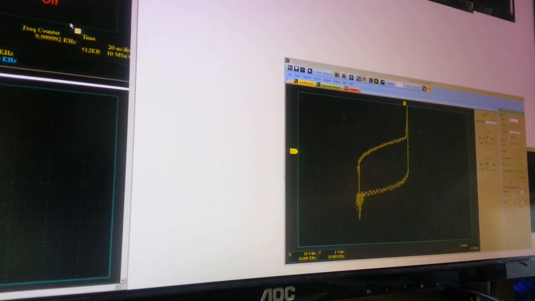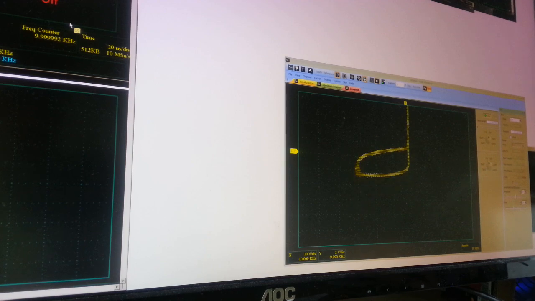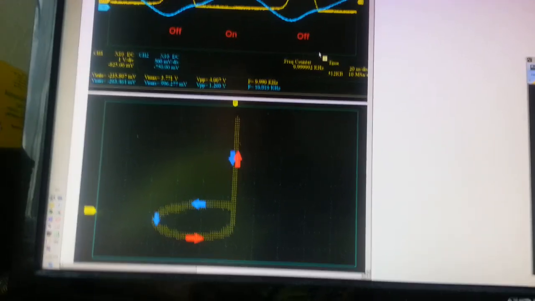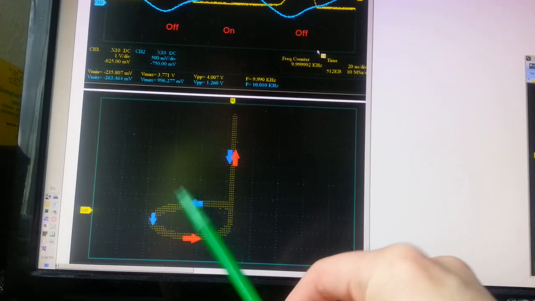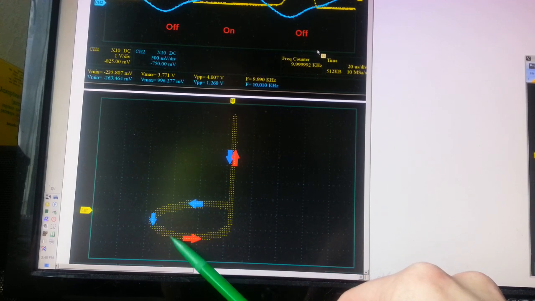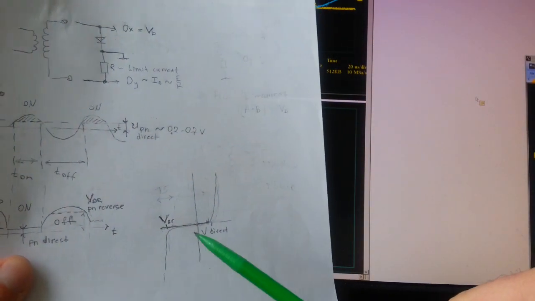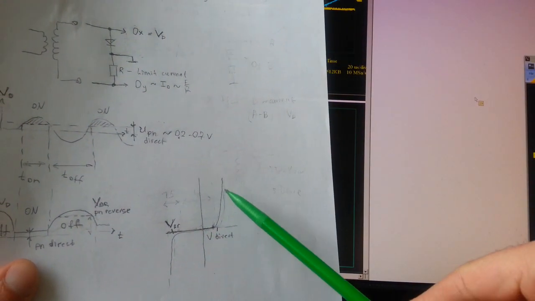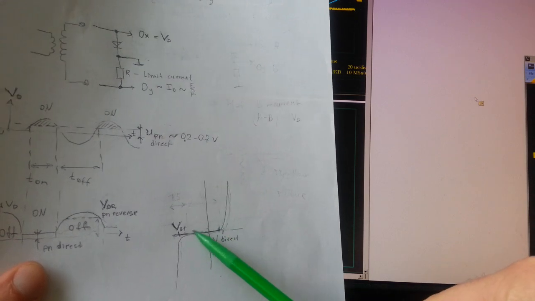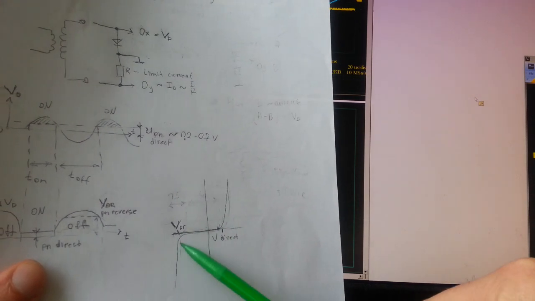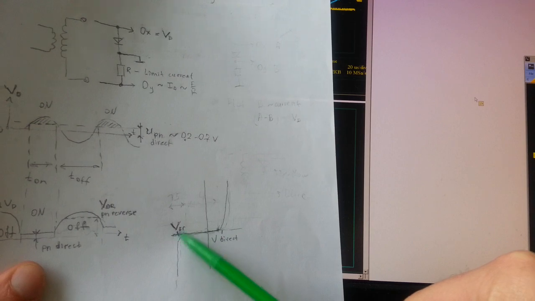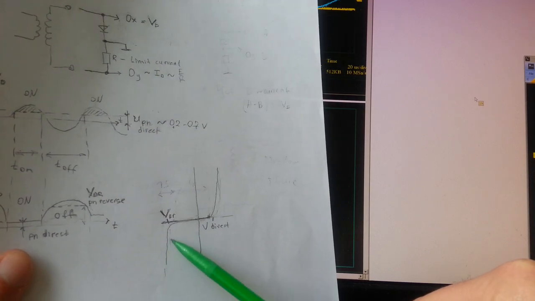If we decrease the voltage, we have this pattern, and here's the pattern. So what happens in one direction? This curve on the graph goes like this, and then it goes back like that, and then again it goes like this, and so on. So the process repeats itself as we have a sine wave.